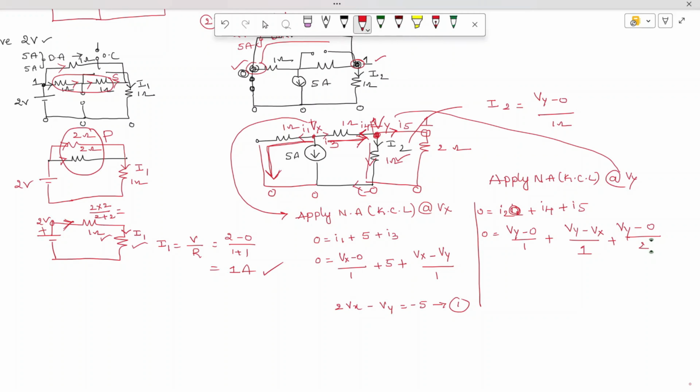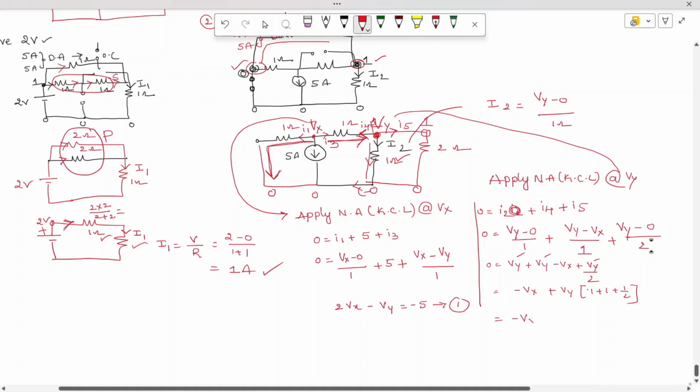So when you solve it and express all, this is nothing but 0 is equal to Vy plus Vy minus Vx plus Vy by 2. Separate Vx and Vy terms. Therefore, you are going to get minus Vx plus Vy as a common term. When you take Vy as a common term, 1 plus 1 plus 1 by 2, that is equal to minus Vx plus Vy of 2.5.